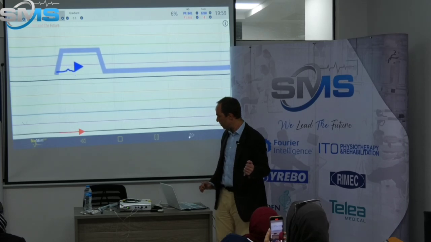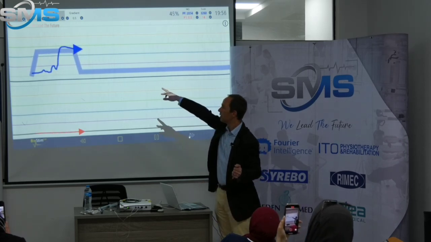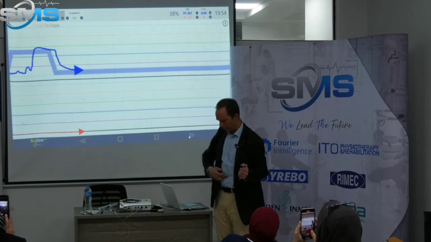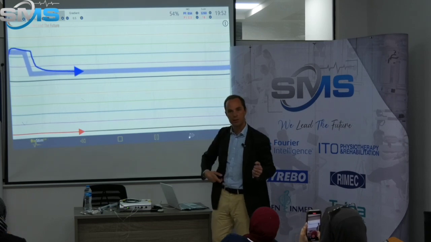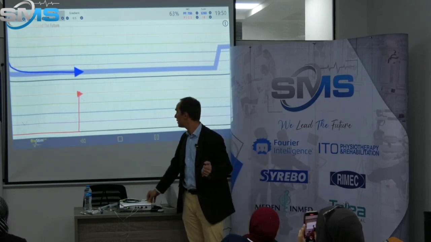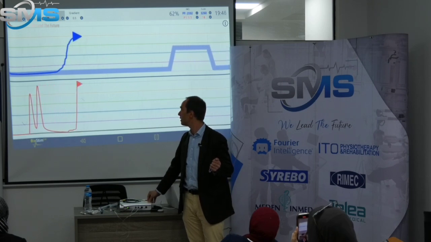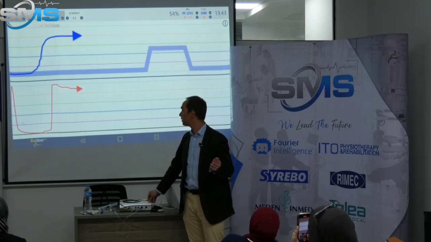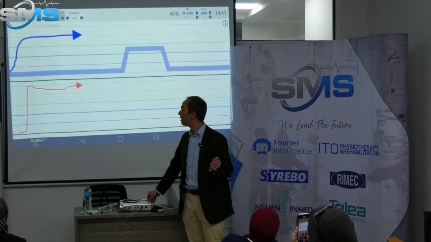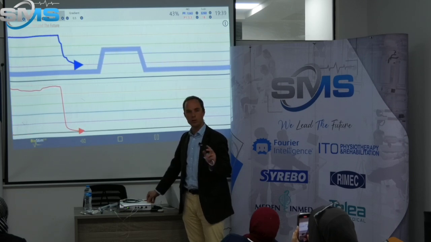Now I work with my patient, and I can see her pelvic floor on the top, and if I have connected my electrodes on my abdominals, I can see the abdominals here. So when she's contracting her pelvic floor, if I see this, it means she's also contracting her abdominals, and that's not good. So I can tell her, no, stop.